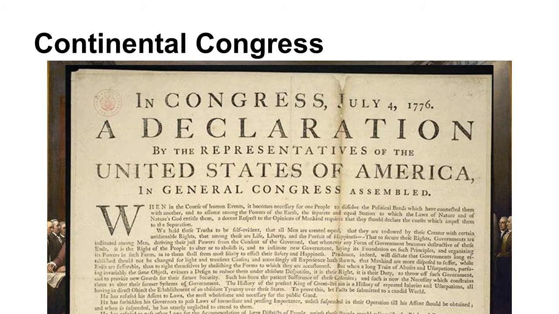Now, with independence declared, we have certainly a stronger push, and we have legitimate war now occurring. There are certainly many members of the states who are opposed to this war.